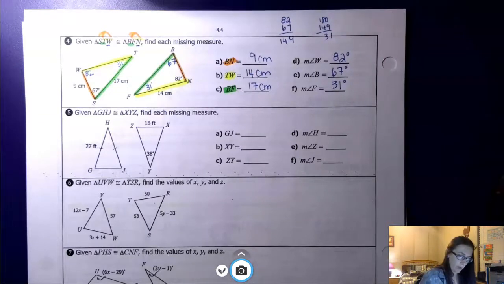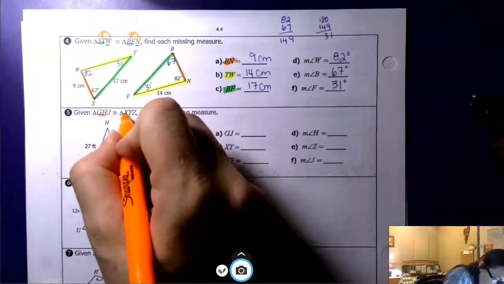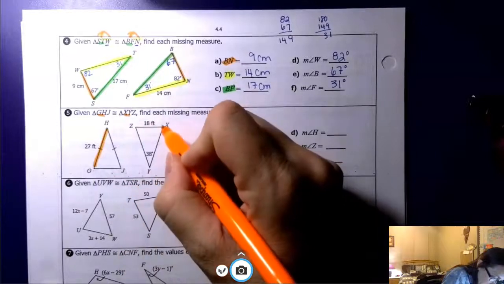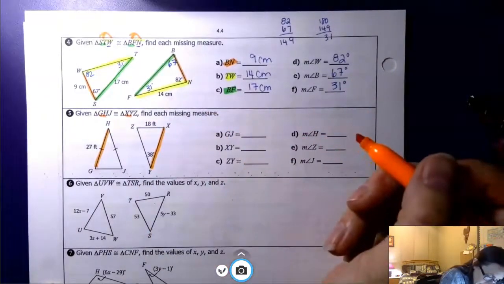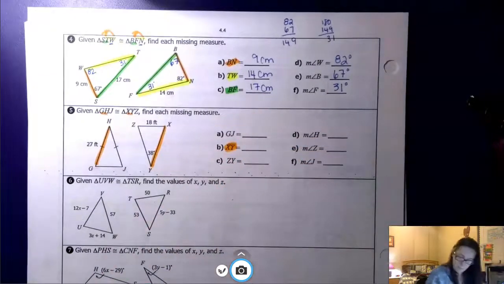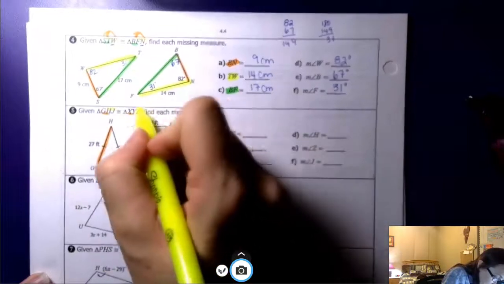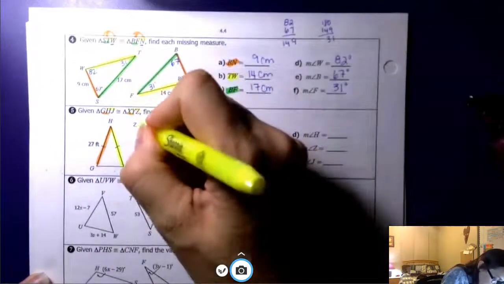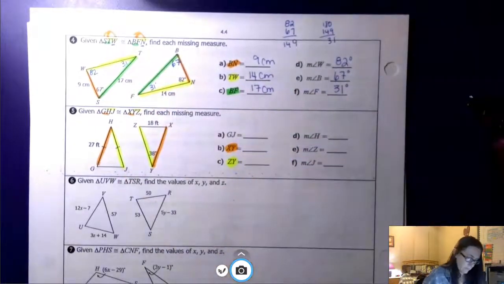Okay, so with 5, I'm going to highlight everything I see. GH and XY. So here's GH, and here's XY. GH or XY is right there. Okay. I'm going to do HJ and YZ. HJ, YZ. There we go.